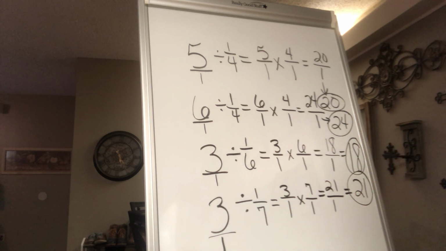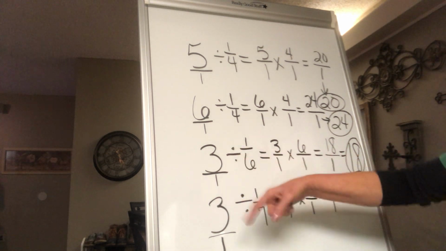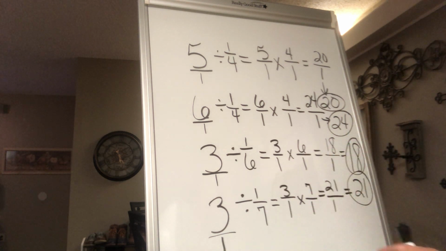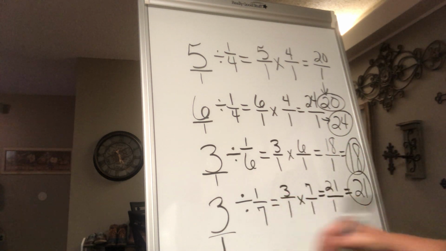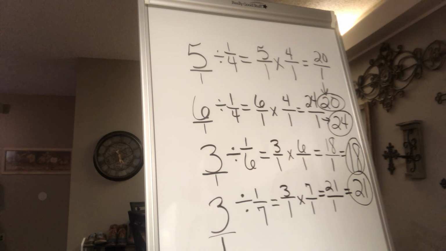So my reasoning was right. When I still had the same 3, but I was having divided now into even more little pieces, then I'm going to have more of those little pieces. So that's how I come out with 21, and that's a reasonable answer for me.